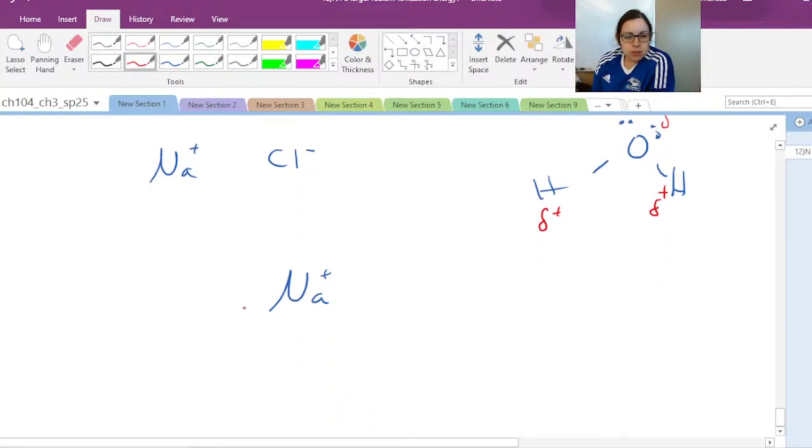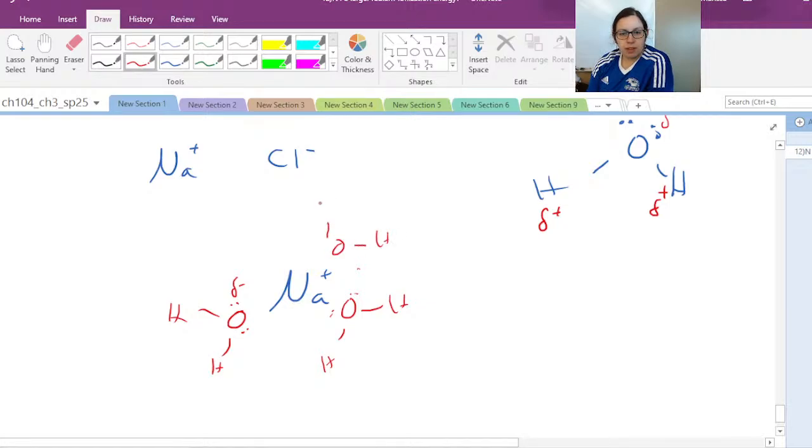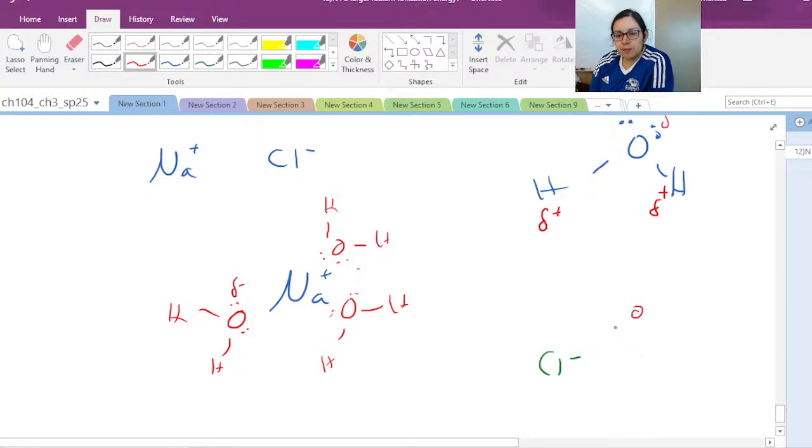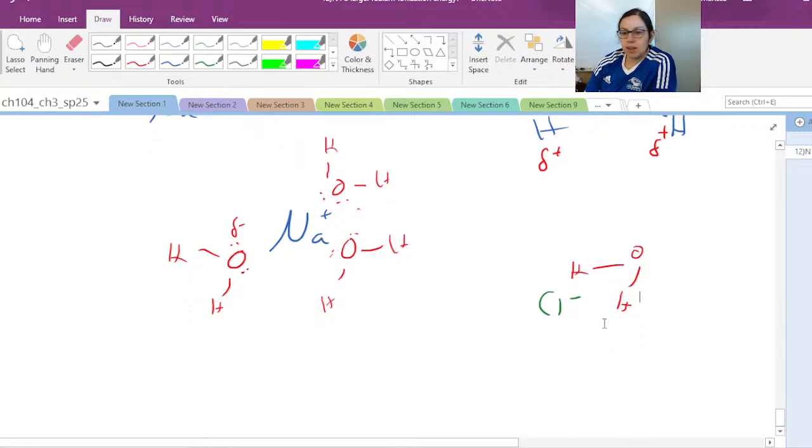And so then in solution, what happens is your water surrounds and nucleates it. So the negative side would be pointing towards the sodium. And then similarly, it would nucleate around the chloride, sorry, just having now the hydrogens point towards the chlorine side, right?